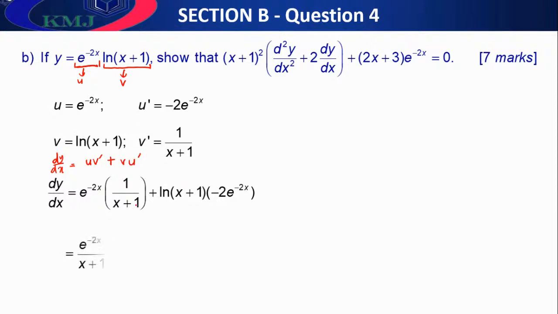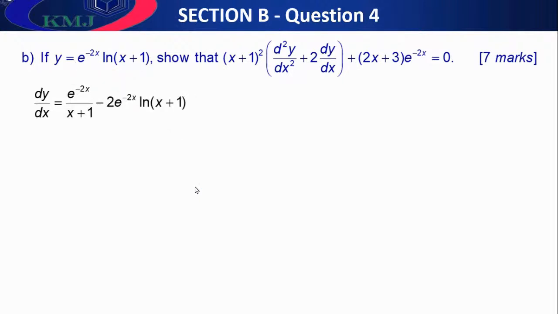So we just substitute, and then we simplify. So we have e^(-2x) over (x + 1), because we multiply this together, minus 2e^(-2x) ln(x + 1). So we get K1 for substituting into the product rule and then J1 for the answer.